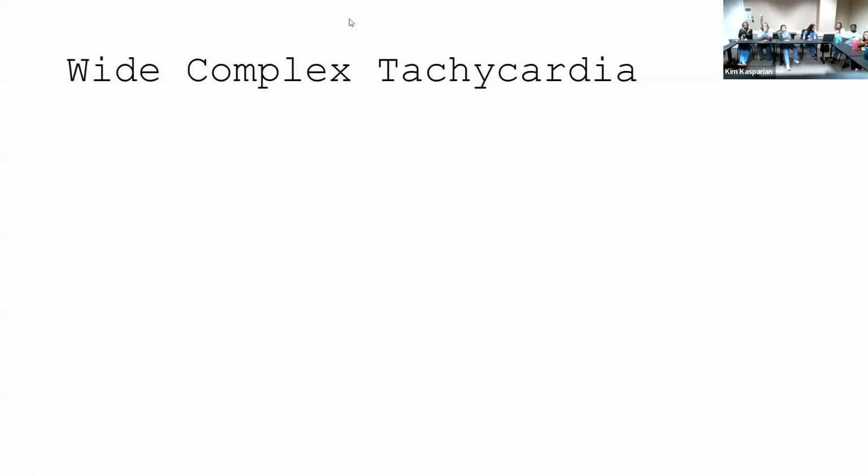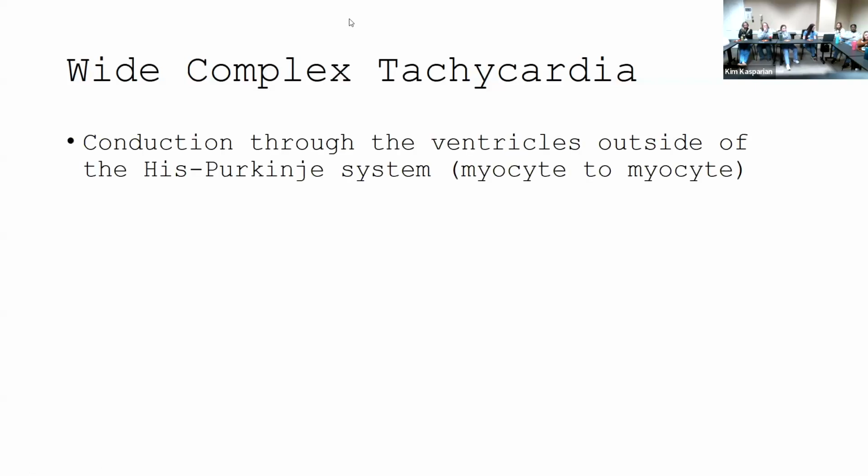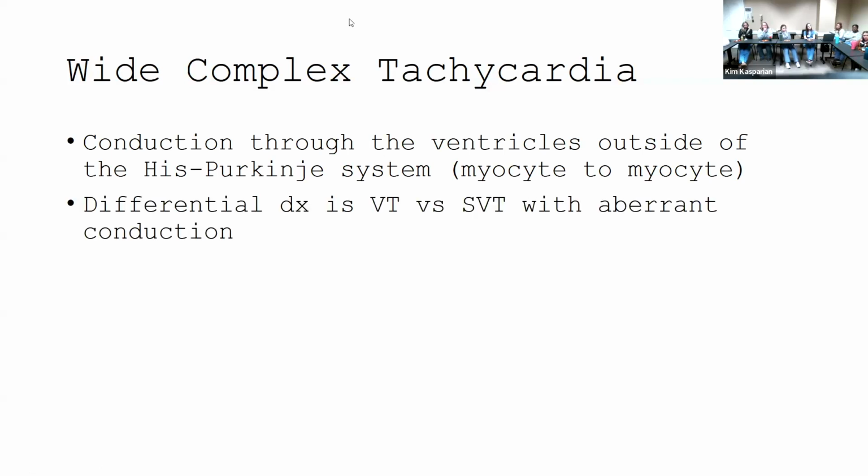A few wide complex tachycardias. So wide complex tachycardias, similar with the bundle branch block, is when we're conducting the signal from cell to cell, myocyte to myocyte, so in the muscle, instead of through that nice His-Purkinje system, which is the wiring of the heart.